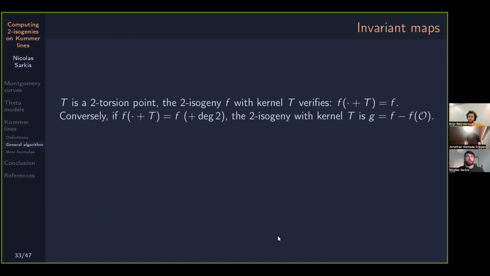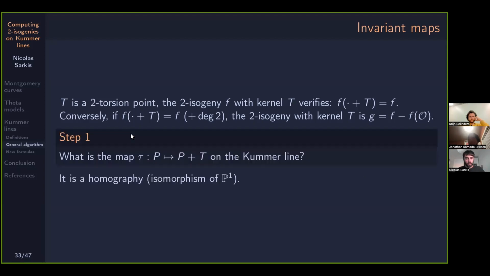And conversely, if I have a degree 2 map which is invariant by a translation by T, I can build a two isogeny that way. If I have such a map F, I can build G equals F minus F of O, to ensure that G of O is equal to O. So the idea will be to look for maps that are invariant by T. And how to do that?